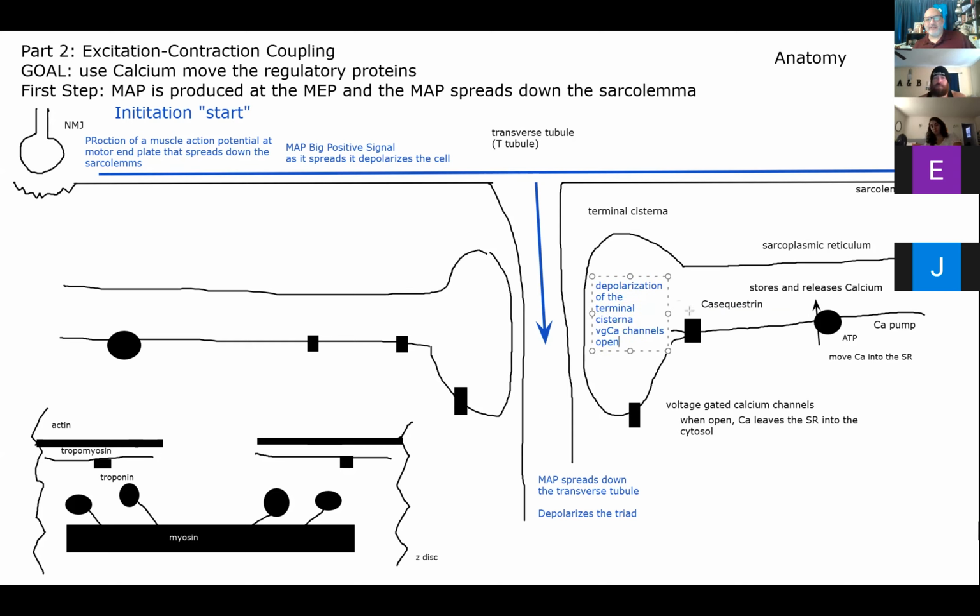We have our jailbreak. Calcium is going to be released from our sarcoplasmic reticulum. And as a result of that, we get an increase in calcium levels in the cytosol. Notice the overall amount of calcium in the cell hasn't changed. Its location has changed. We have our jailbreak.